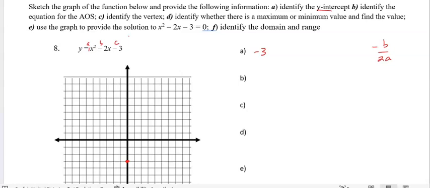All right, so to get the equation for the AOS, first of all, it's x equals some number. And the number coming out of this formula will be the opposite of B, which is negative 2, over 2 times 1. So negative 2 over 2 is negative 1, but the opposite of negative 1 is positive 1. So I'm going to go ahead and sketch out the line x equals 1, illustrating the AOS.